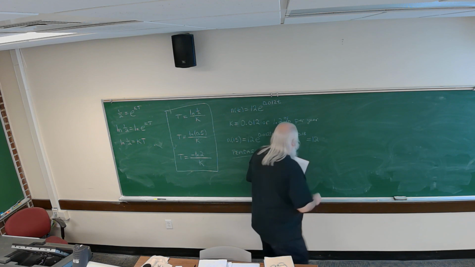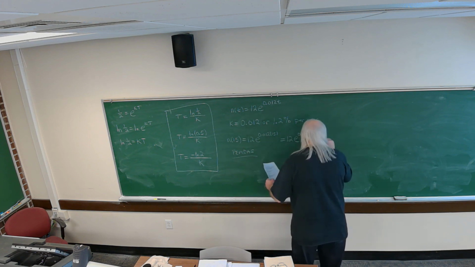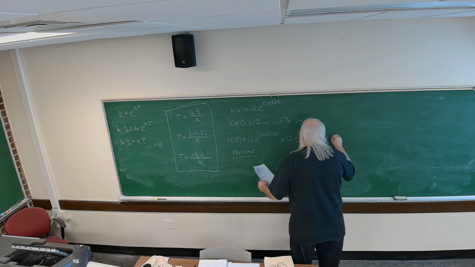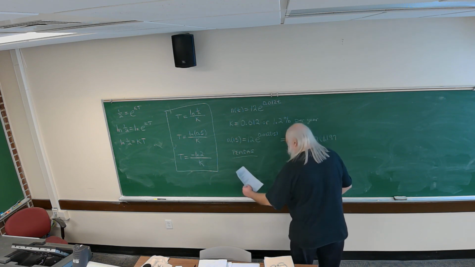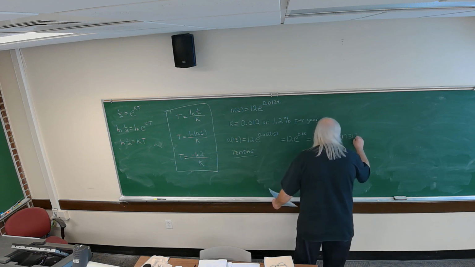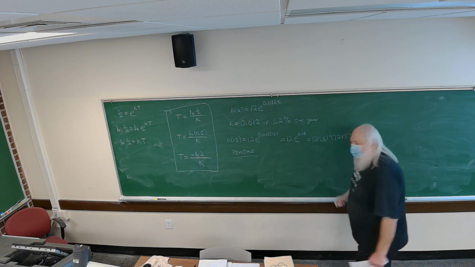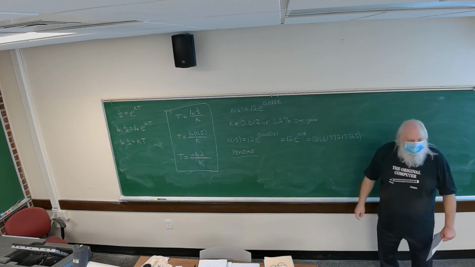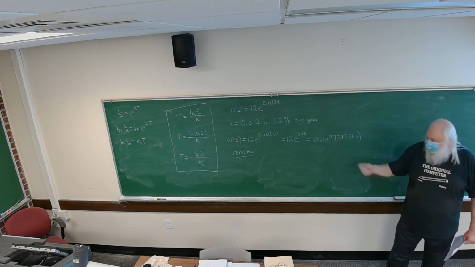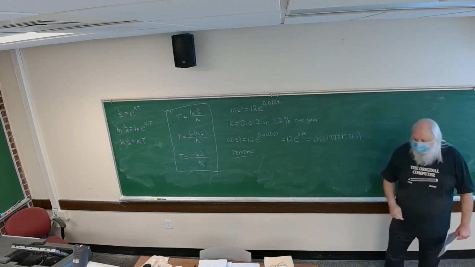So e to the 0.18 is equal to 1.197217363. I don't like writing these numbers down. I just leave the number in memory and then multiply by 12.